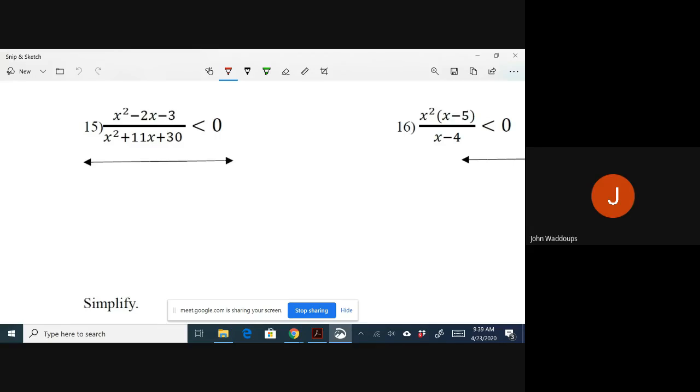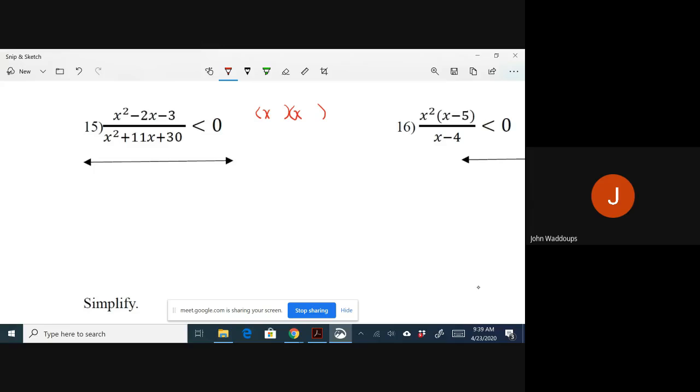So let's take the top part, and we're going to factor it. When we're done, we're going to have x plus or minus something times x plus or minus something.